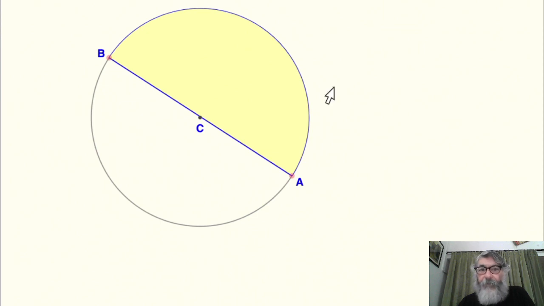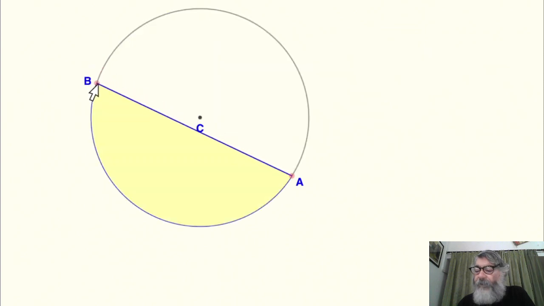Let me move it further and see. Now again you see AB has crossed point C. That means it is moving away from the center.